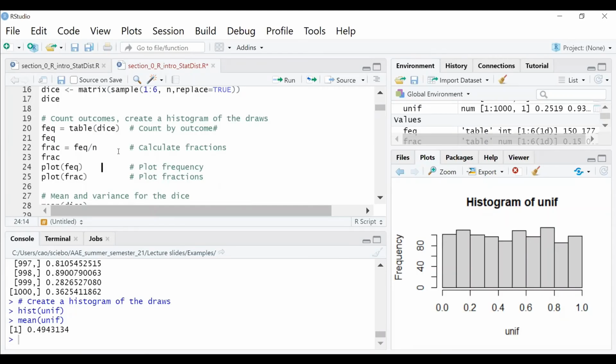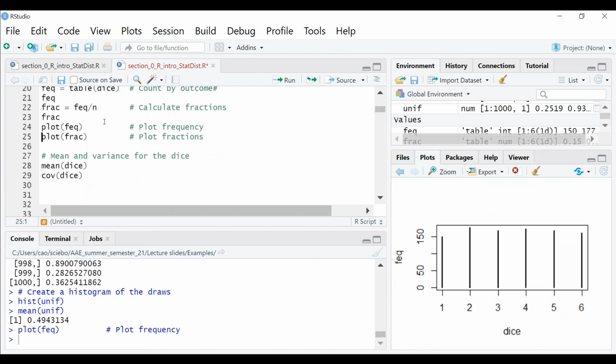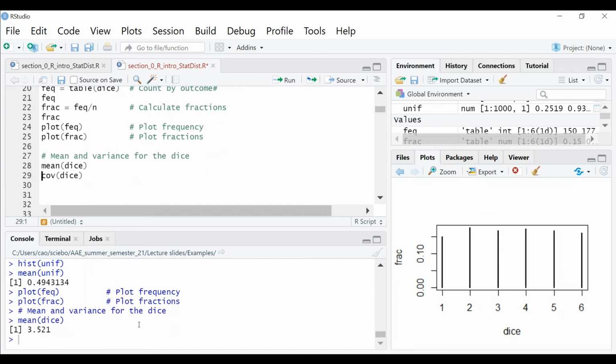Okay, so with this in mind, let's go to R and see how the sample might look. So here is where we stopped previously with the dice. We have a sample. Now let's plot again the frequency and the fraction of the outcomes, and then we calculate the mean of this sample. You can see here 3.51, pretty close to 3.5, right?